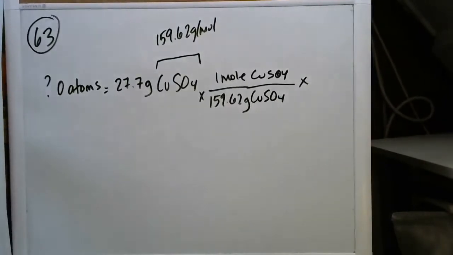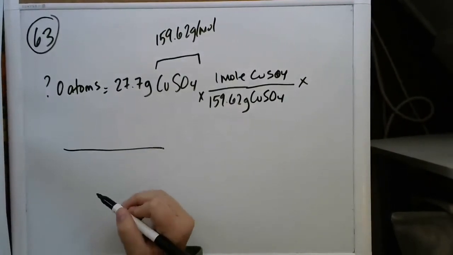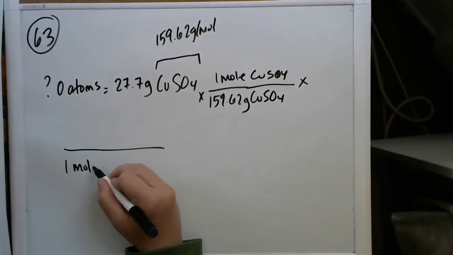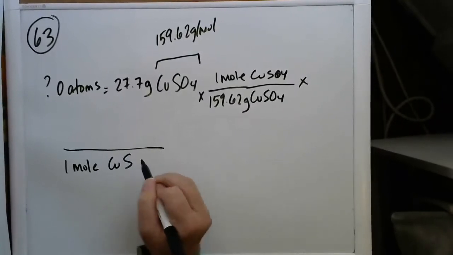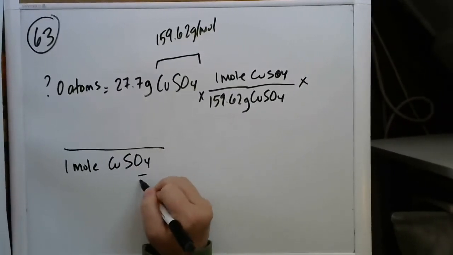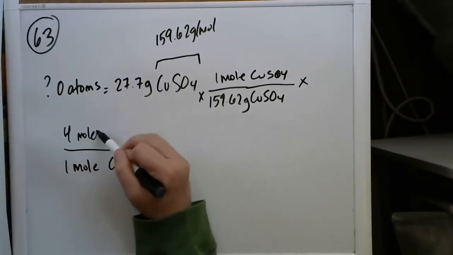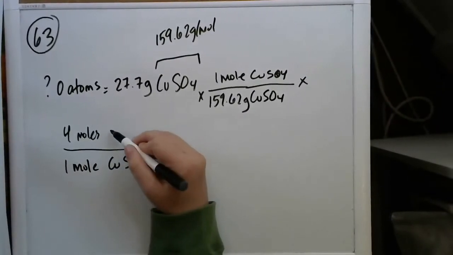Okay. Then I am going to look at my actual formula for copper sulfate and see that in 1 mole of CuSO4, I have 4 moles of oxygen.